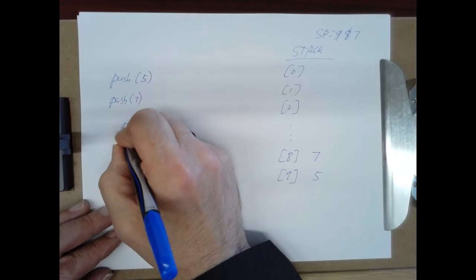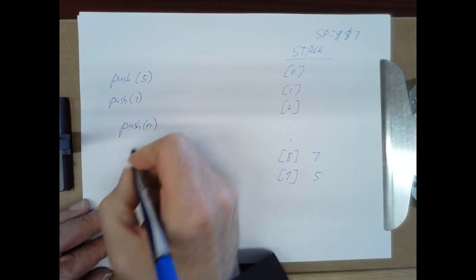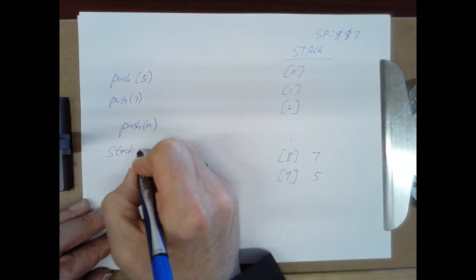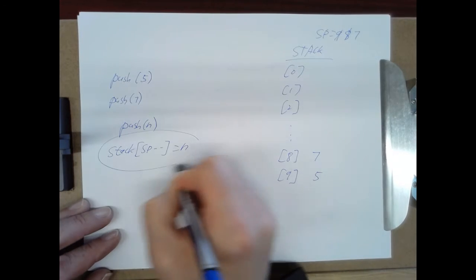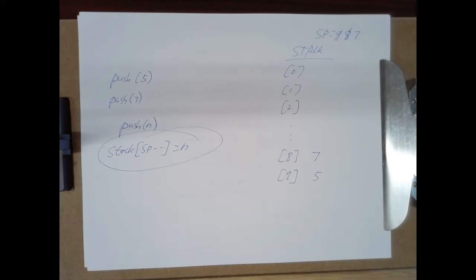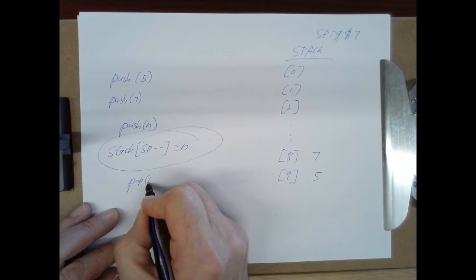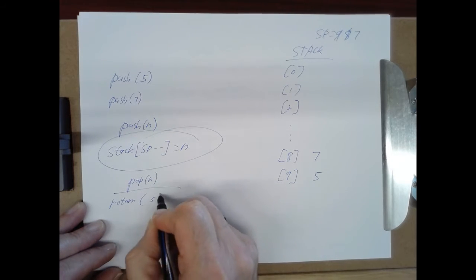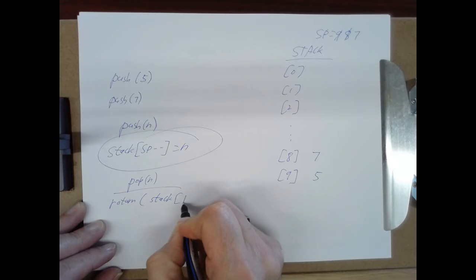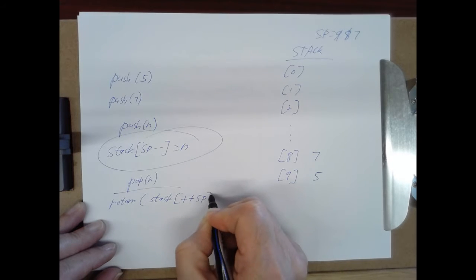So a push looks like this. It's a post-decrement, and a pop is a pre-increment.